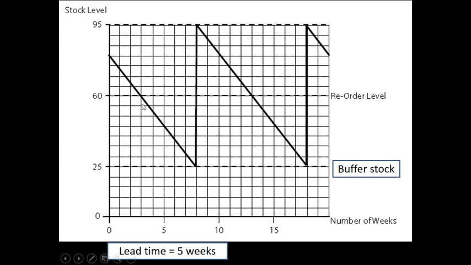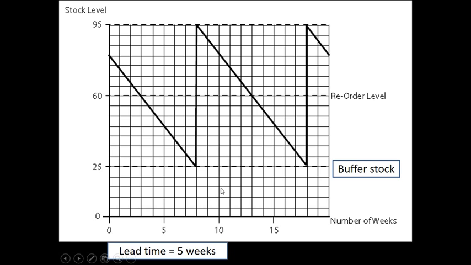But you'll notice that the actual reorder, the delivery of the stock, doesn't come until some time later. The difference between when the reorder is placed and when the delivery is made is known as lead time. Okay, so the difference between when the reorder is placed and when it's delivered is lead time.